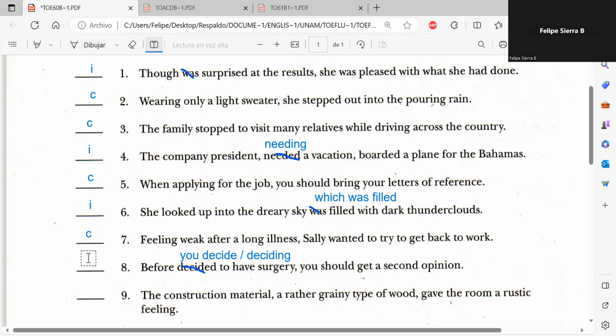Let me see. The construction material, a rather grainy type of wood, gave the room a rustic feeling. I think that is wrong.